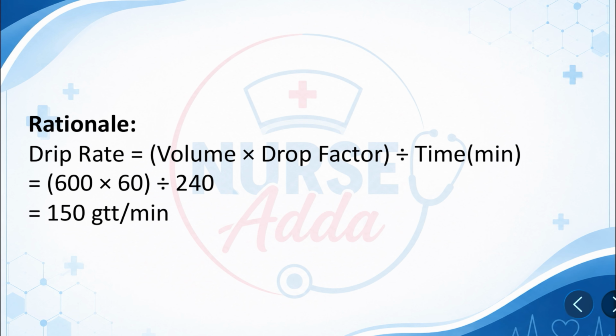Rationale: drip rate is equal to volume into drop factor, the whole divided by time in minutes. So here the volume is 600 and the drop factor is 60 and time is 240. By this we get the right answer 150 GTT per minute.